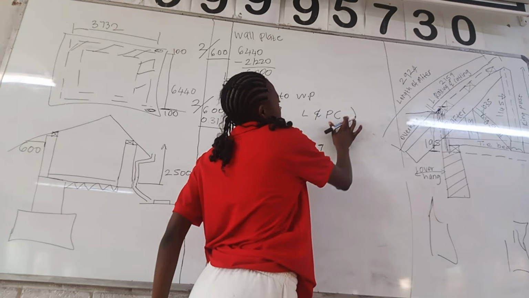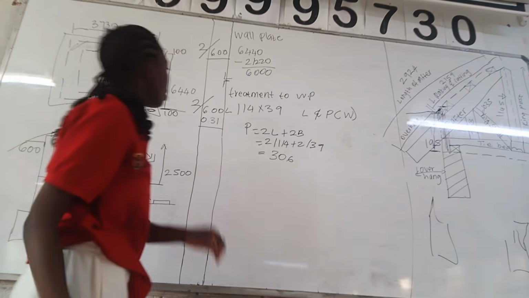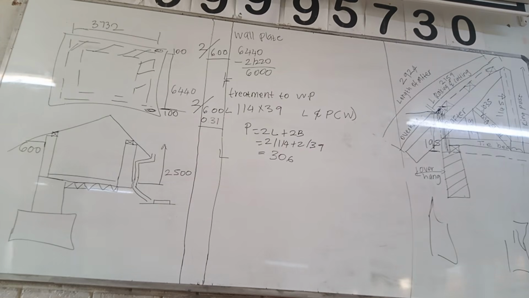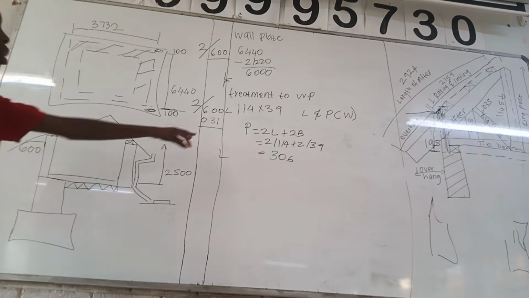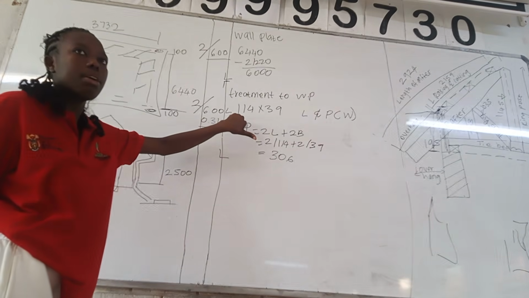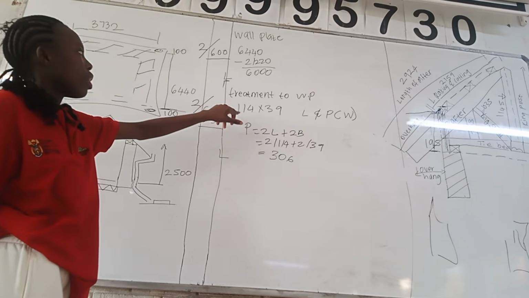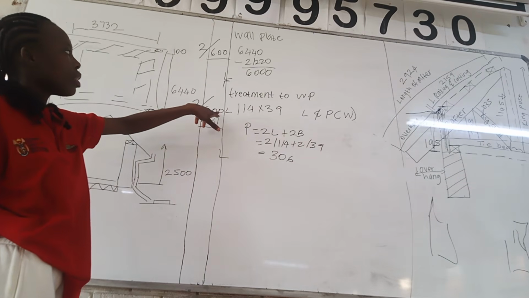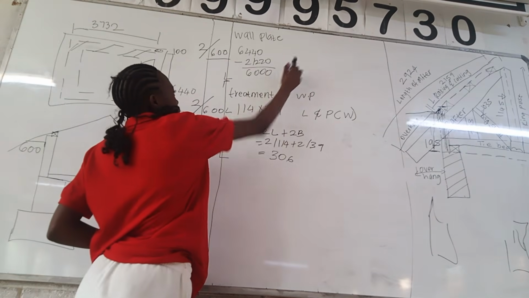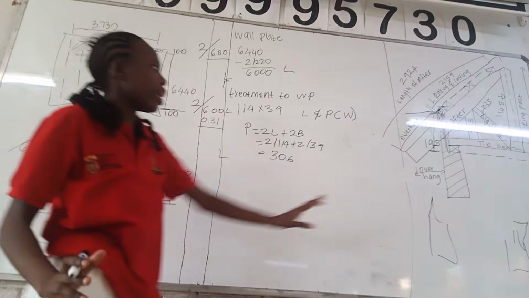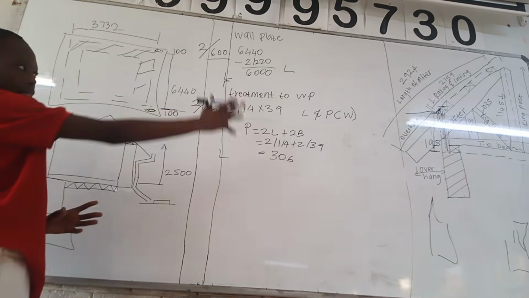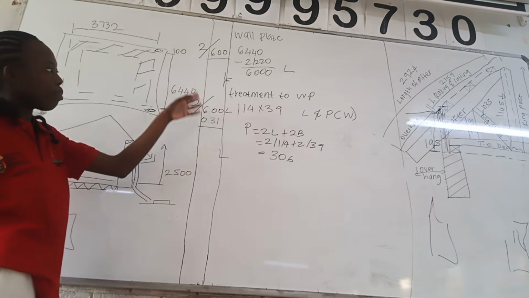So it's the length and the perimeter. Our length is 6,000, the same length as the beam filling. The pre-treatment of the wall plate has the same length as the wall plate. You multiply by 2. If we have a wall plate here, we also have a wall plate on the other side. Remember that this is a half truss.